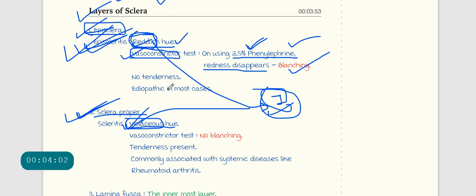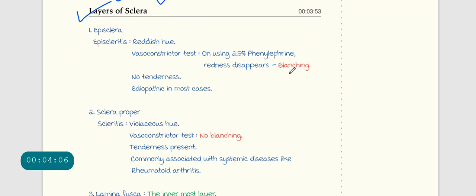Very simple. Here phenylephrine is going to cause vasoconstriction in episcleritis, in the episclera. There is no blanching or vasoconstriction in the sclera proper, and that is why we can differentiate the inflammation of these two.